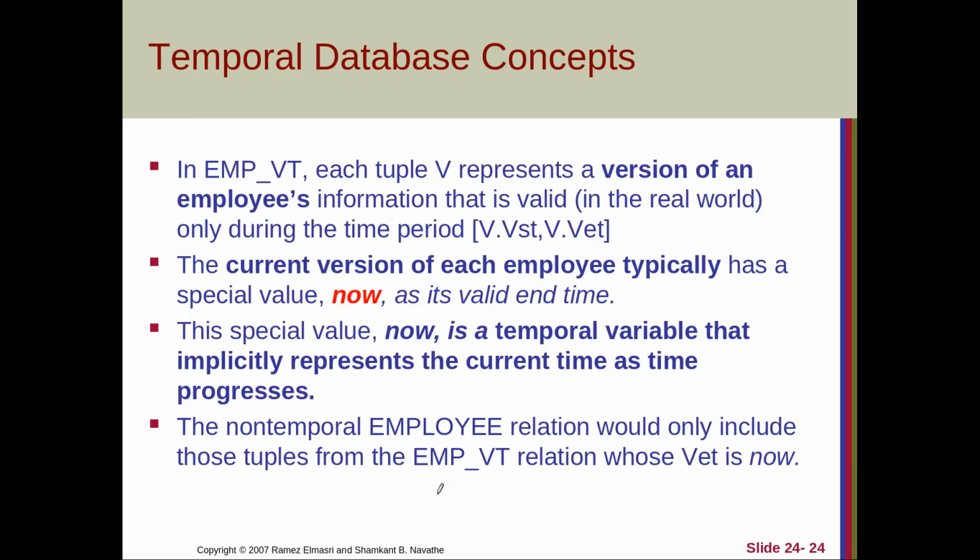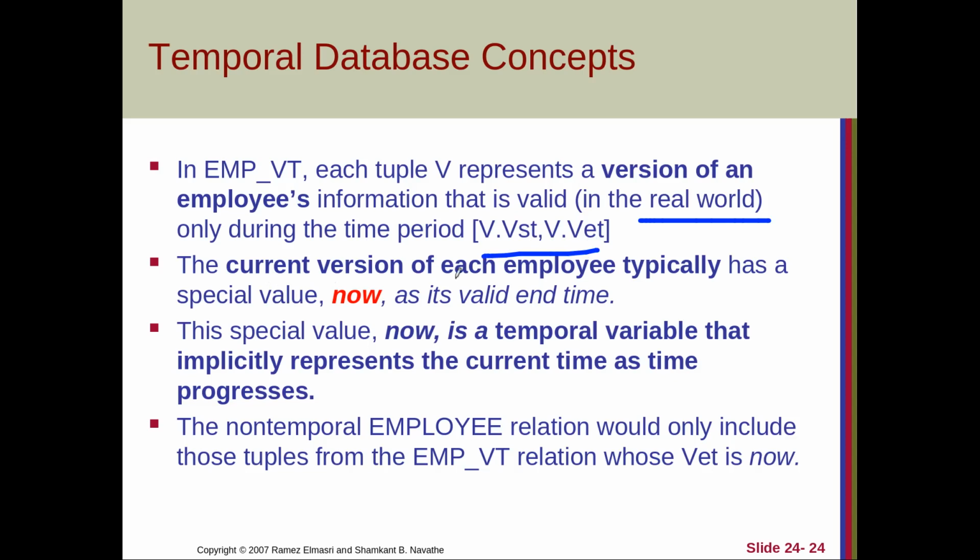Now some explanation is given that was already mentioned while explaining that example, but once again, in the employee valid time relation, every tuple represents a version of an employee's information that is valid in the real world only during the time period between the valid start and valid end time.